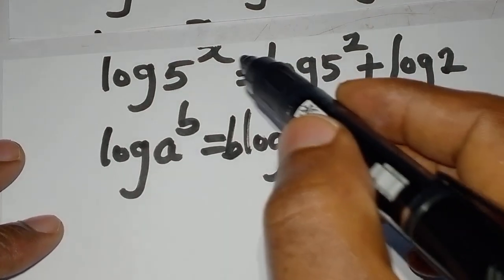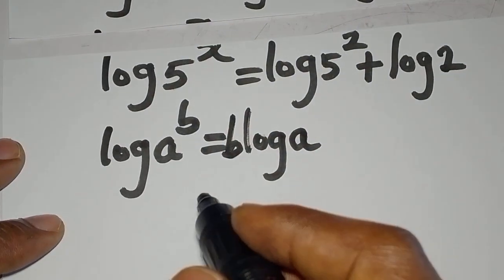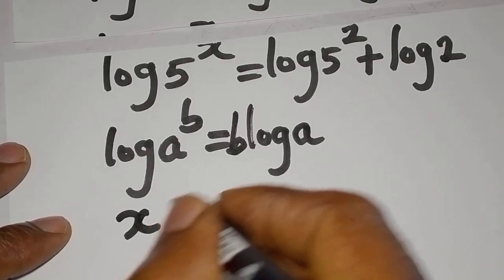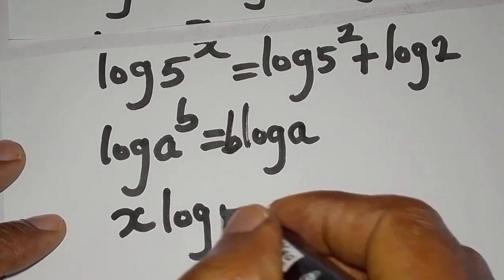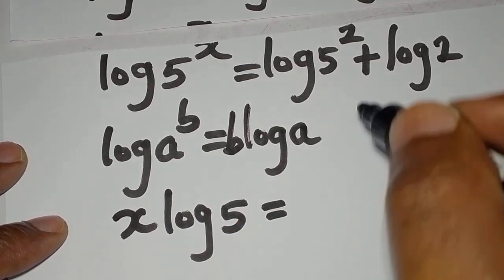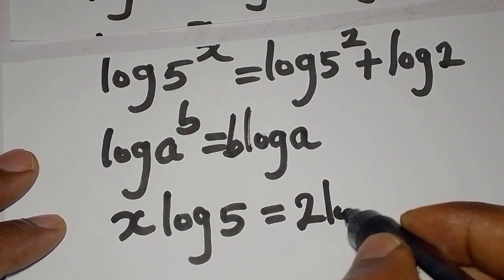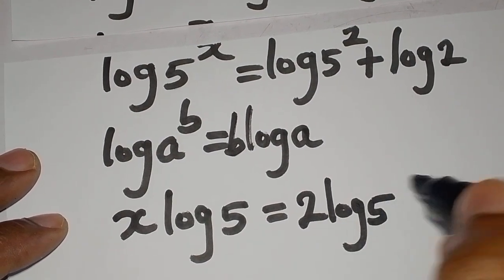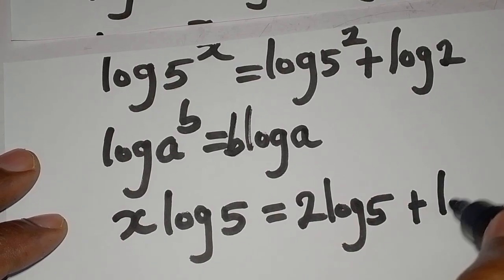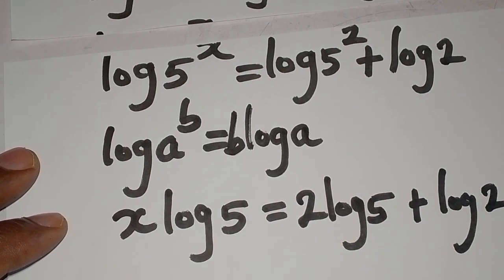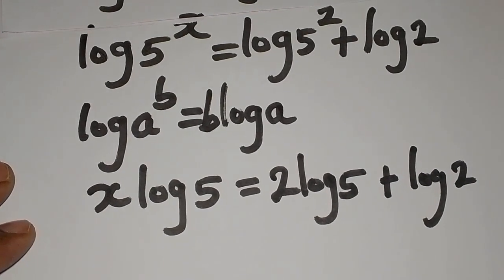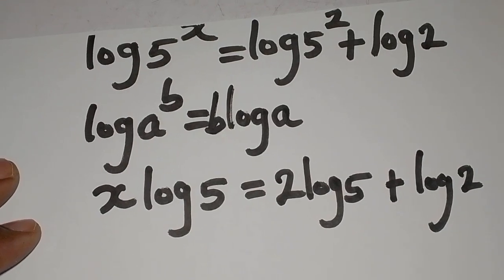The same thing will work here now. This x is going to go behind to give us x log 5, and that will be equal to, the power here is 2, so that 2 will go behind, and we have 2 log 5. Then we have our plus log 2.